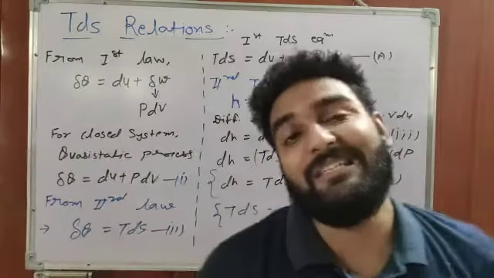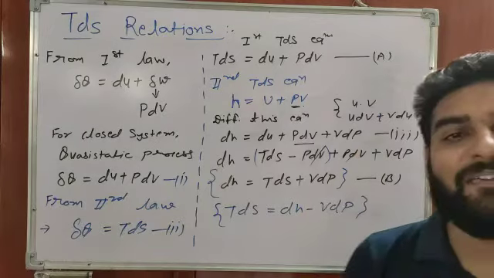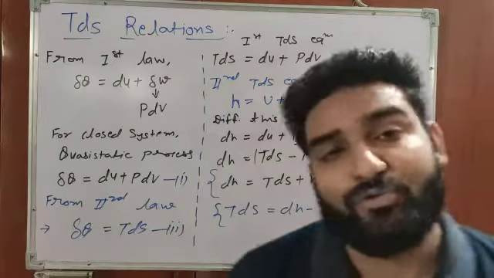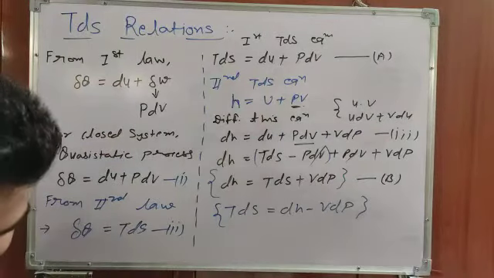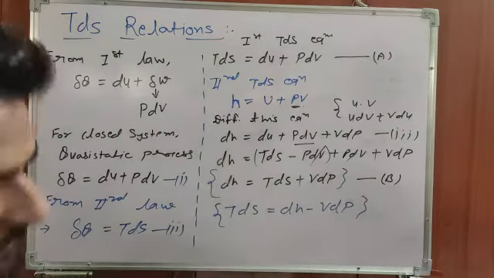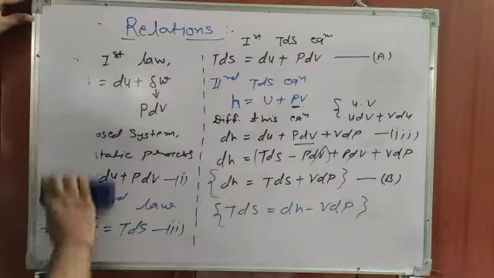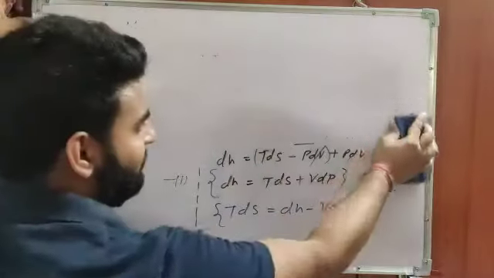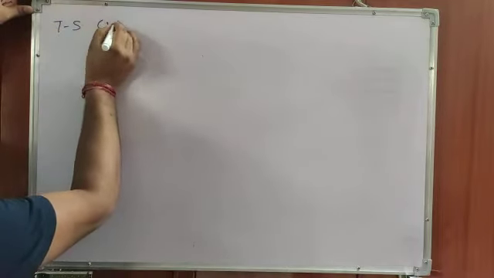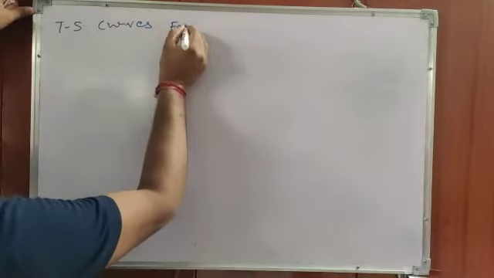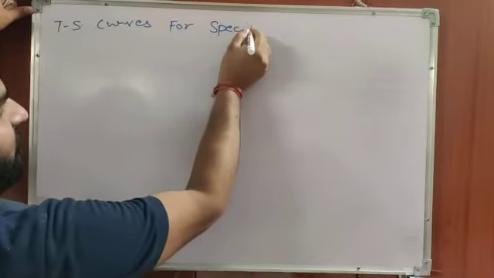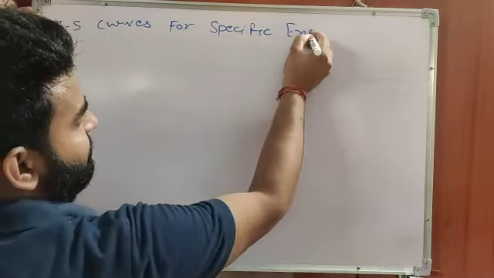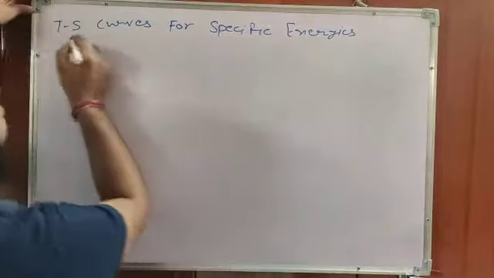Now we are going to see the relationship between specific energies at constant pressure and constant volume from these TdS equations, or we can write the temperature and entropy curves for specific heats.